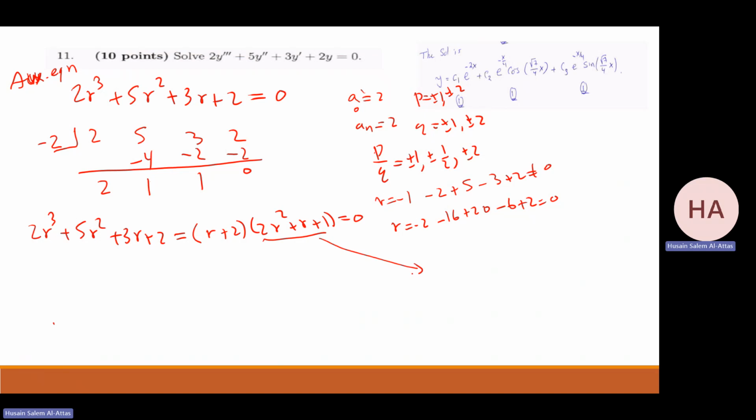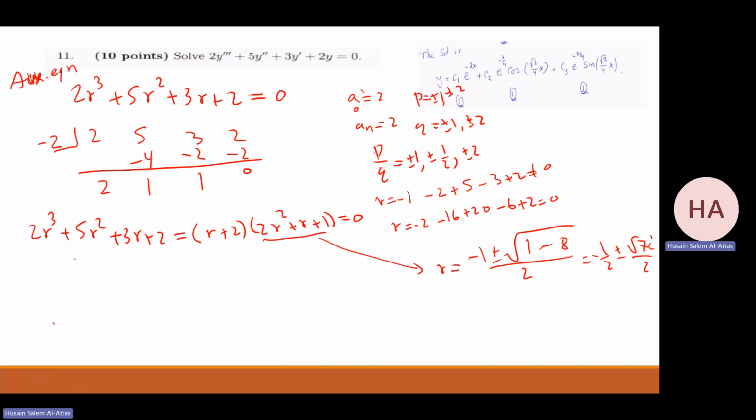I need to solve this. So r will be minus 1 plus or minus the square root of 1 minus 4ac, that is minus 8, over 2. That is minus half plus or minus square root 7 i over 2.